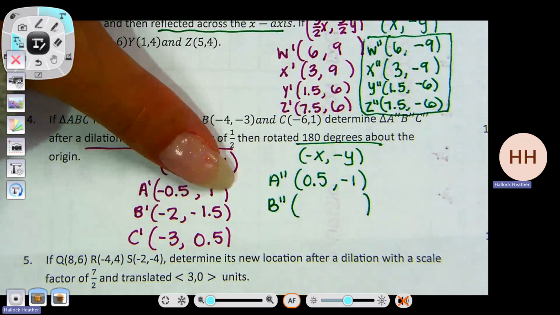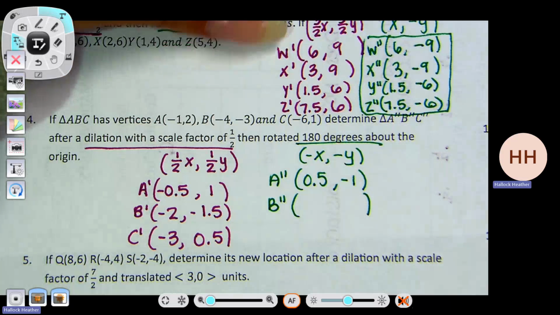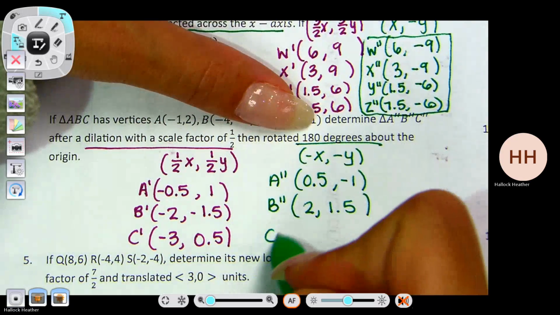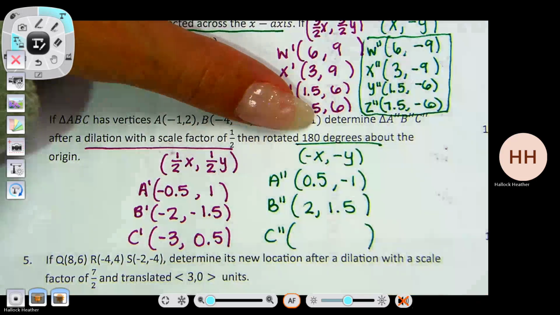B was negative negative. Now it's positive positive. And the last one was negative positive. Now it's going to be positive negative.